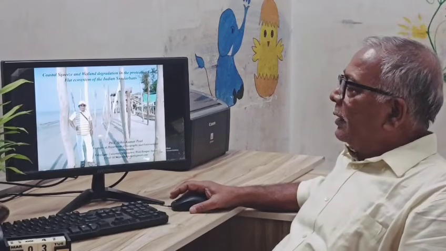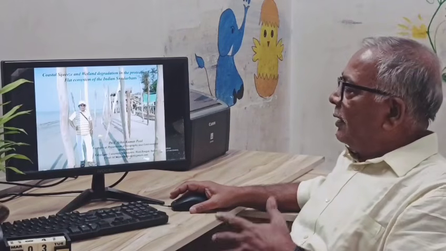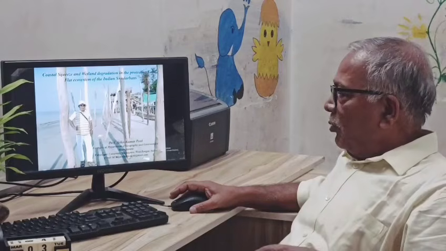In the first slide on the screen, this is the residue of the embankment. This is the frame which was prepared for the construction of the embankment, but now it is affected by the impact of the coastal squeeze.